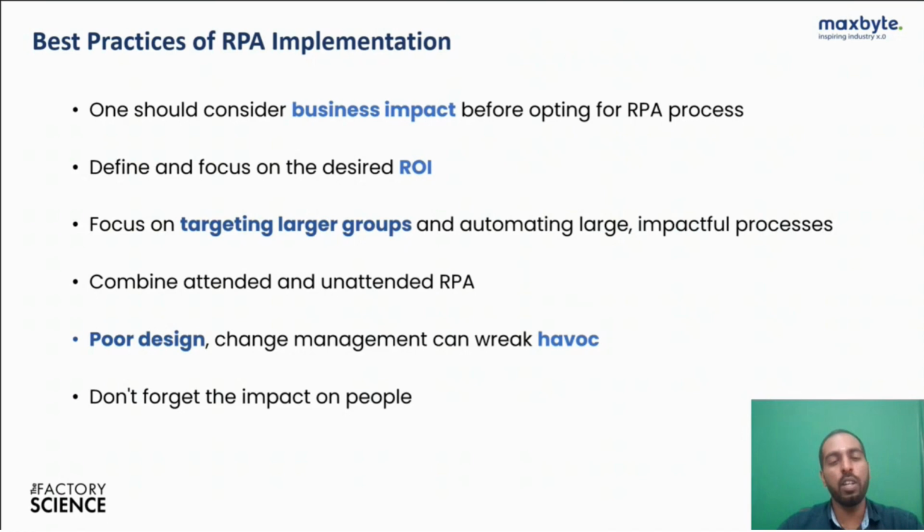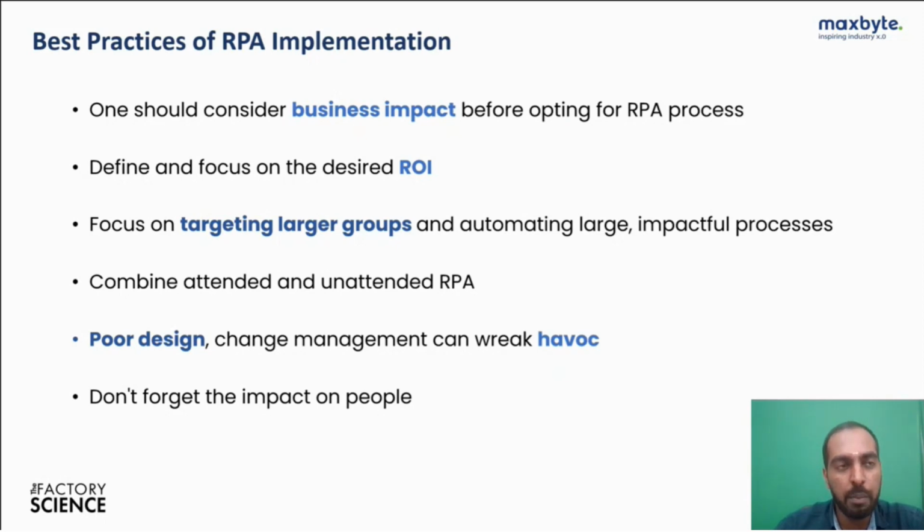Another one is combined attended and unattended RPA. So earlier I explained a sales executive task as an example. So that is an example for combined attended. If we consider 6 tasks, 3 tasks can be done by a user and 3 tasks can be done by a robot.